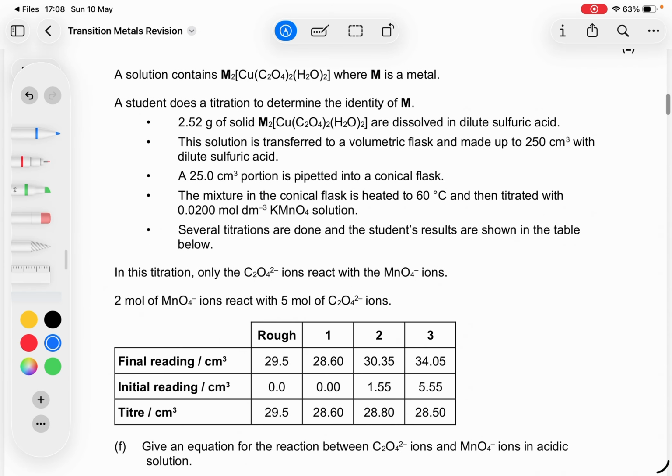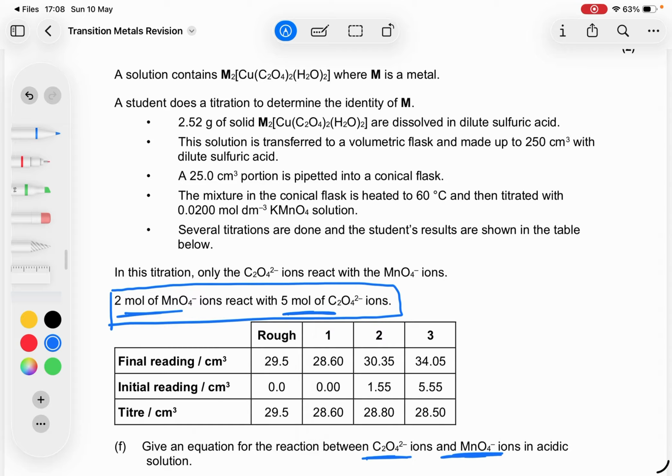Okay, now here's a question I want to focus on, because a lot of students always complain about calculations. So what I'm going to do here is the following. First of all, you've got to learn the equation between dichromate and manganate. I'm not going to do the equation, I'm going to do this molar ratio here. Now what do we know?